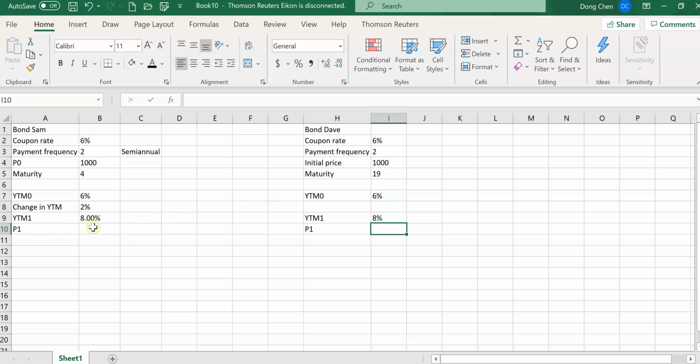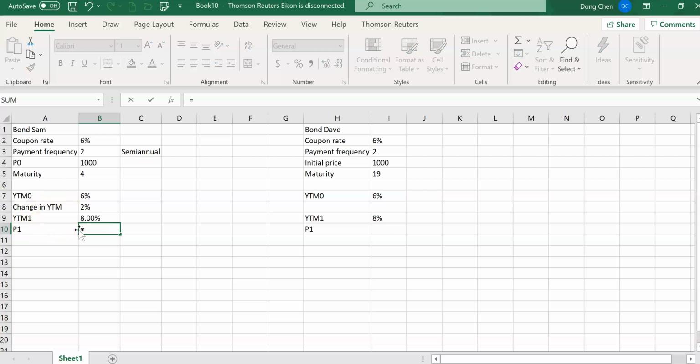So the new price corresponding to this YTM1, P1, will be calculated based on the PV function, right? And the rate here is basically the interest rate, which we know is YTM1. But remember here, the bond is semi-annual. So we need to get the semi-annual YTM by dividing this, which is annually quoted by default, this 8%, by the number of payments within a year.